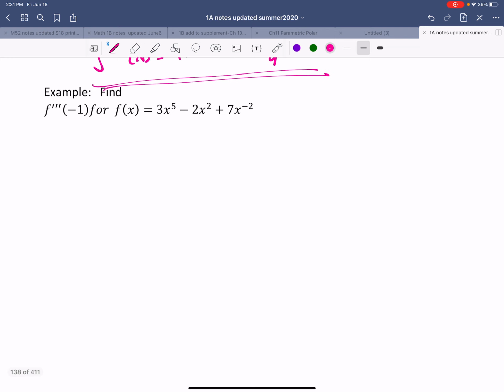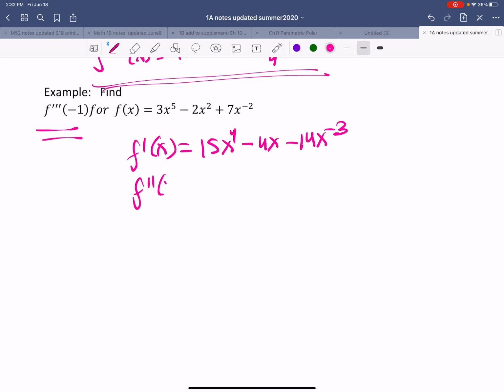Another example, find the third derivative at x equals negative 1. So I'm going to first find the general derivative, first derivative and second and third. Then I'm going to plug x as negative 1 in there. F prime of x turns out to be 15x to the fourth minus 4x minus 14x to the power negative 3.